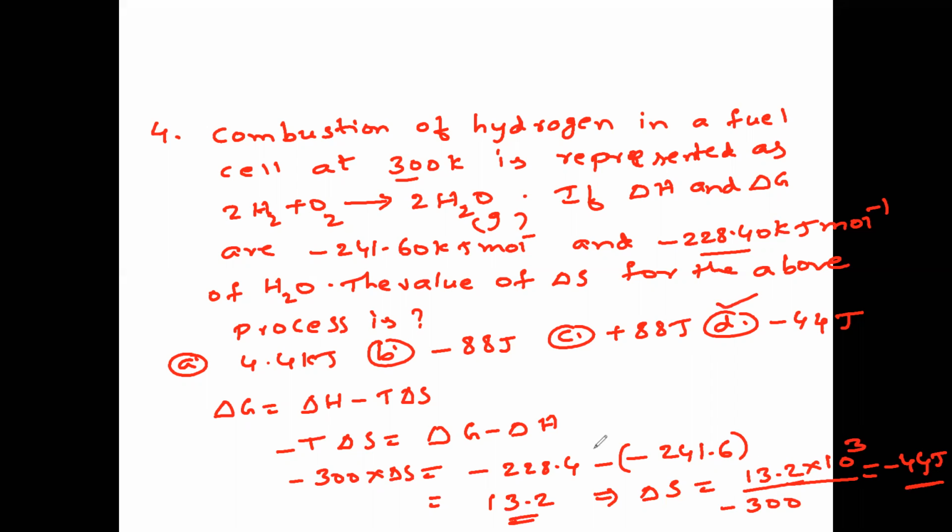So option D. So in this way you have to calculate. Whatever the reaction is given, just forget about the reaction. If the ΔG value is not given for the reaction, definitely they will give the standard free energy of formation of reactants as well as products. So we can take like this. I hope it is clear. Next question.